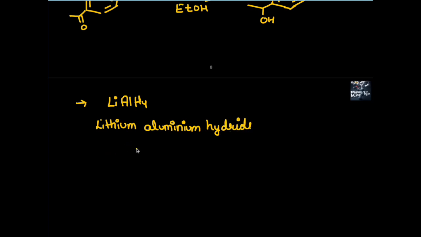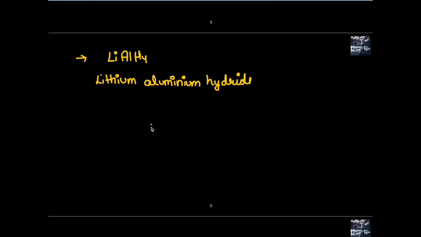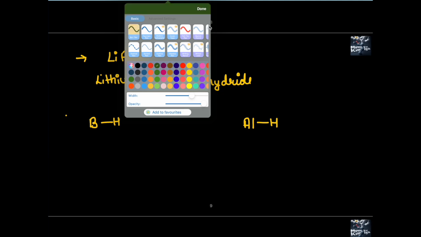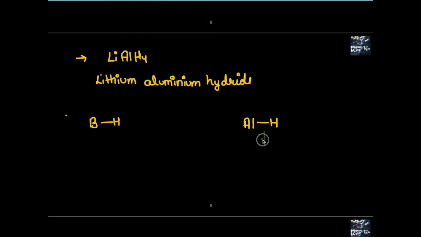Being more reactive as compared to NaBH4, we cannot use it in water, as it reacts with water very fast. Why is it more reactive as compared to NaBH4? This is because if we compare the boron hydrogen bond of NaBH4 with the aluminium hydrogen bond of LiAlH4, this aluminium hydrogen bond is relatively more ionic.